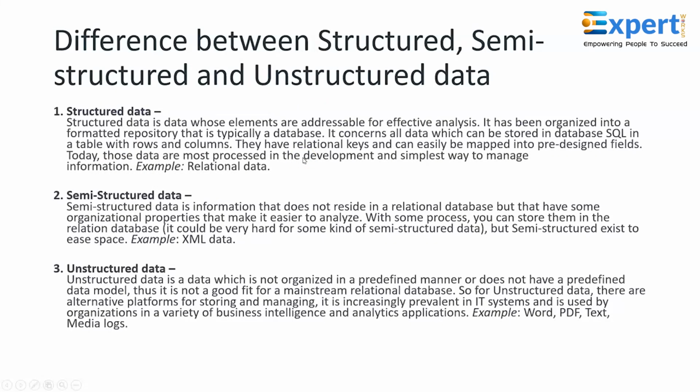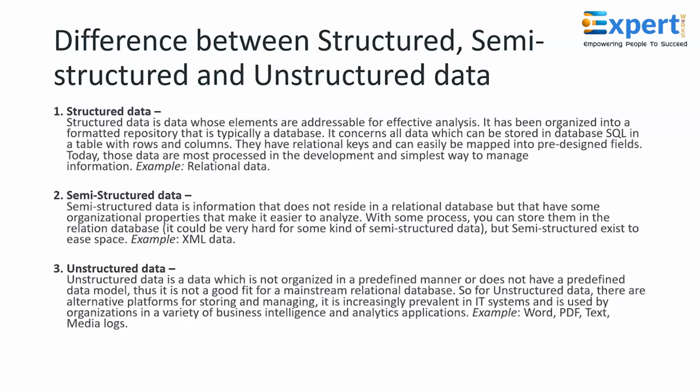So what's the difference between structured, semi-structured, and unstructured data, which we have just been discussing? Structured data is the kind of data that is organized in columns and tables, properly fitted into rows and columns.